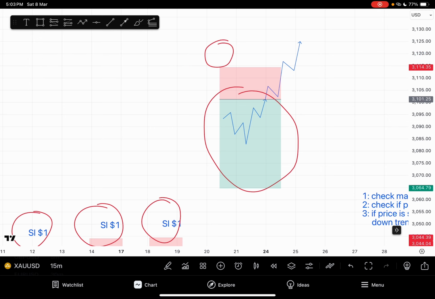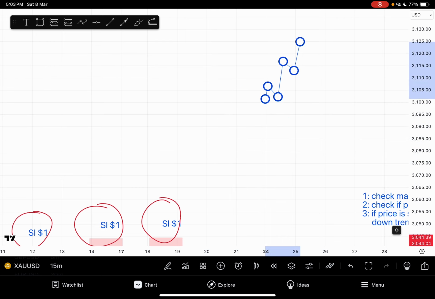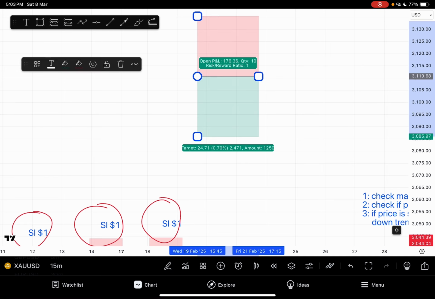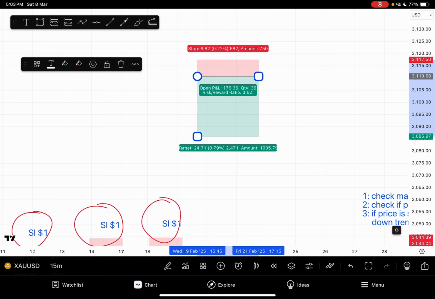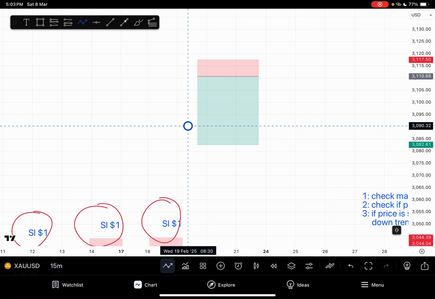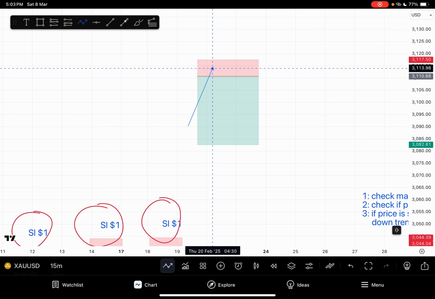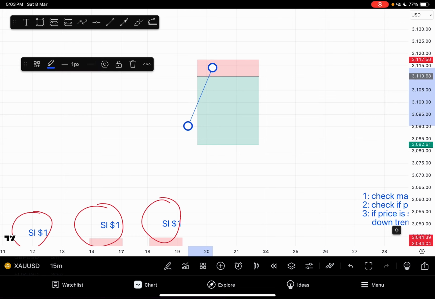Then also, if you are on a losing trade, for example, let's say you take your entry from here. Price moved from this point and it was supposed to start from this area before pushing down, but price now moved to this area here and you are already on a losing trade from that point.